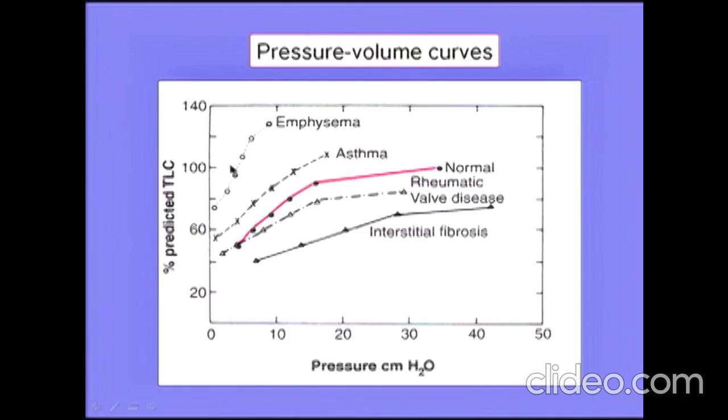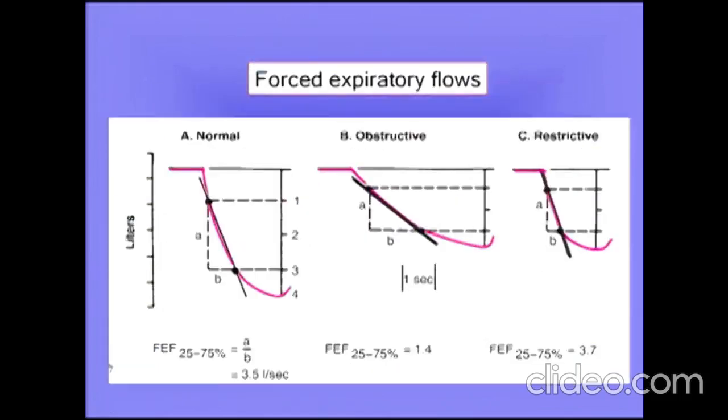Not as much as in emphysema, but nevertheless there is apparently an increased compliance in asthma. As I said, the causes for that are not clearly understood. And you'll notice that in interstitial fibrosis there's a tremendous reduction in compliance.